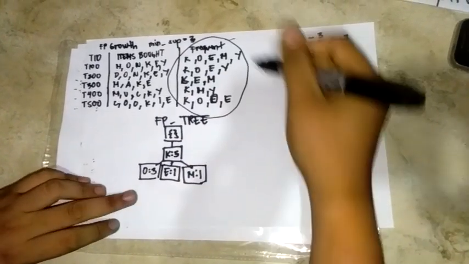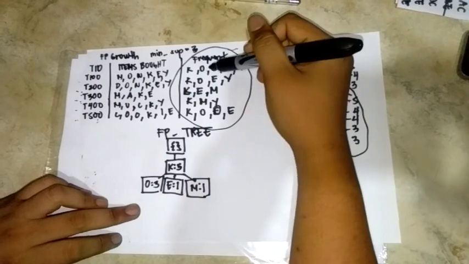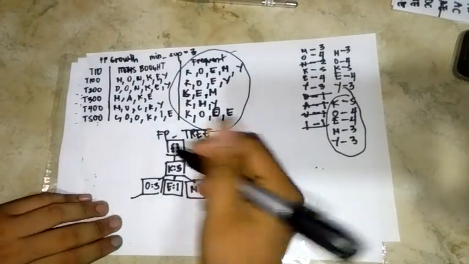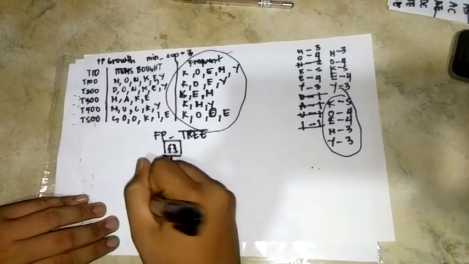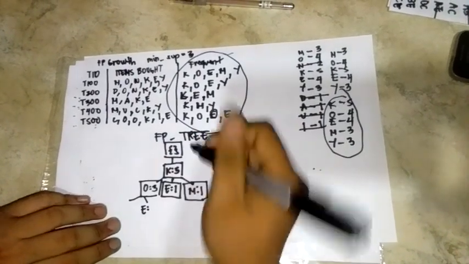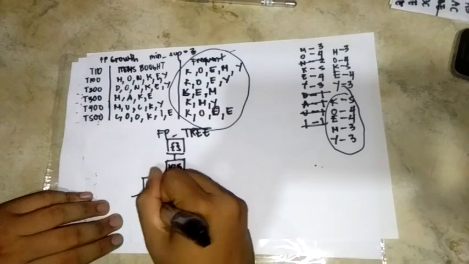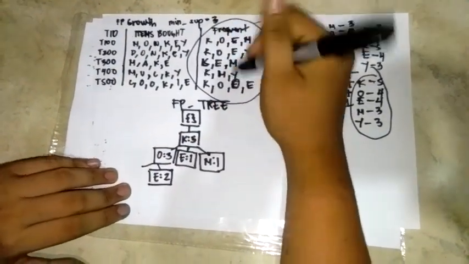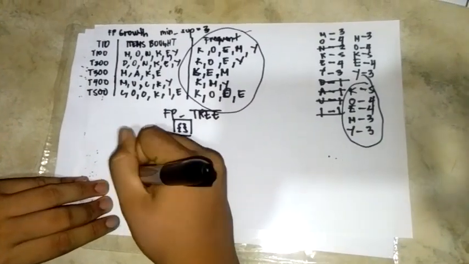Next, the connection of O is E. So let's connect another E. E is 2. Then this one is connected by O 1.